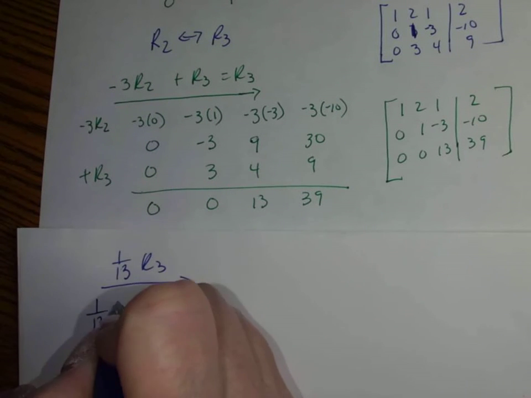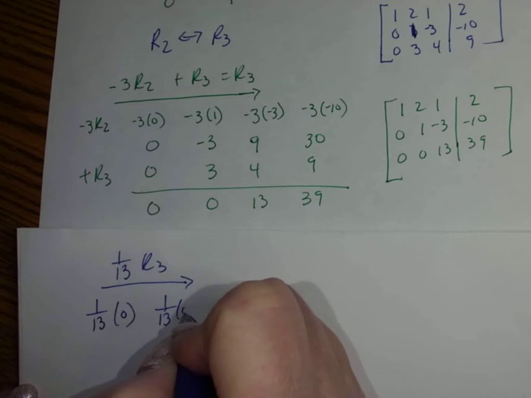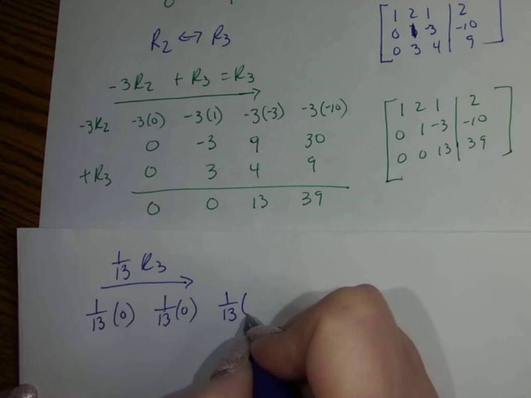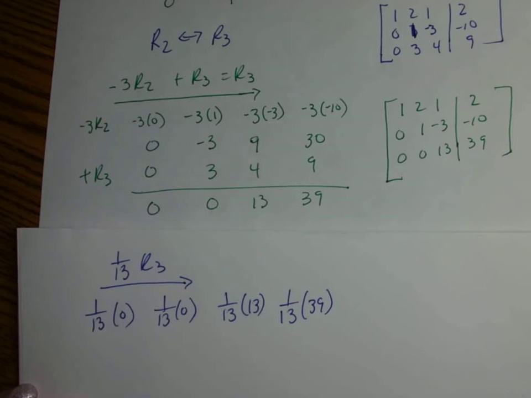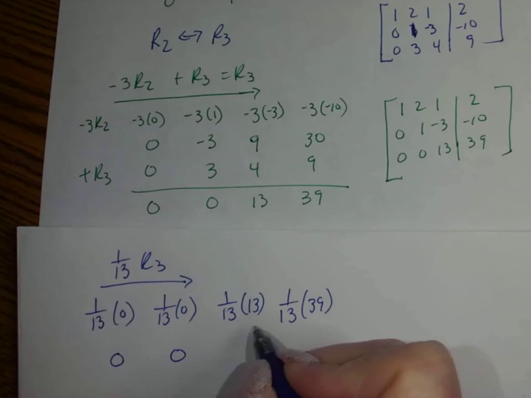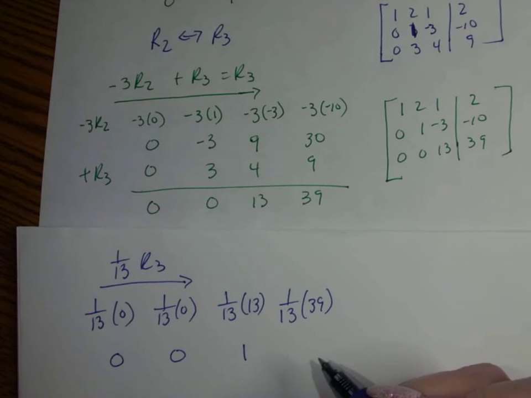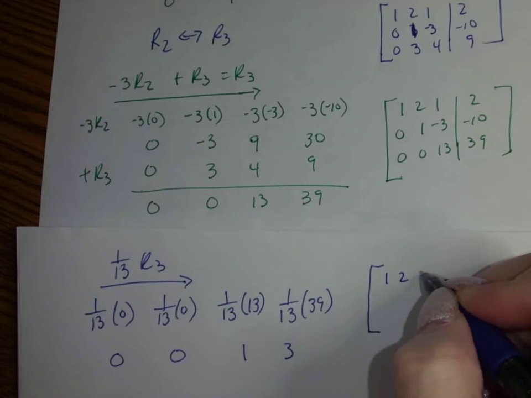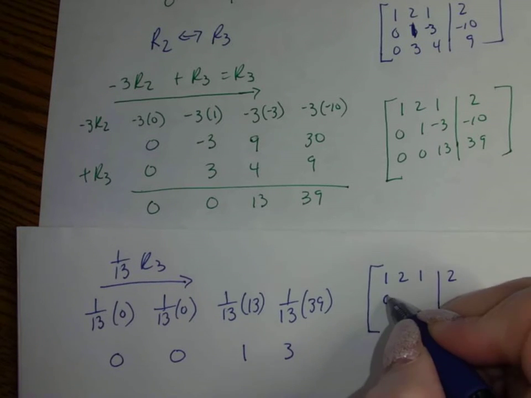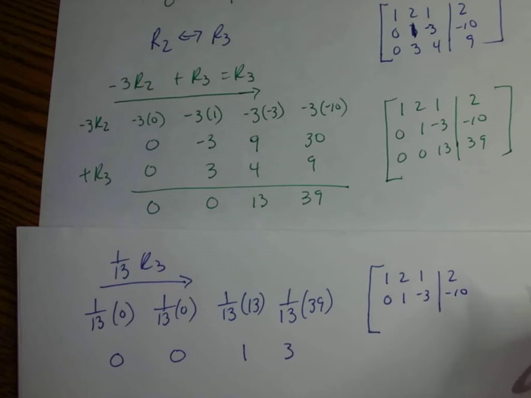So we'll have 1 over 13 times 0, 1 over 13 times 0, 1 over 13 times 13, and 1 over 13 times 39. Well, this will be 0, 0, we'll get 1. 39 divided by 13 will get us 3. Rewrite the matrix. So 1, 2, 1, and 2, 0, 1, negative 3, negative 10, 0, 0, 1, and 3. All right, we've got our goal of 1, 0, 0, 1, 0, and 1, which is awesome.